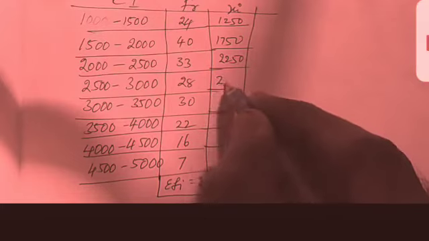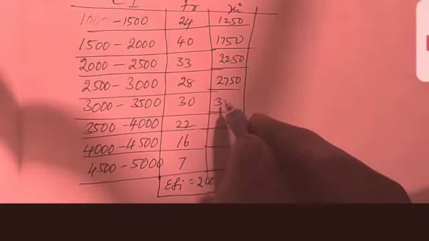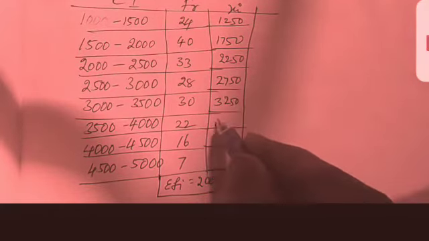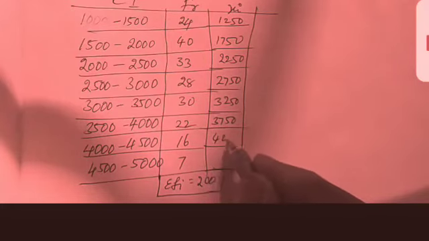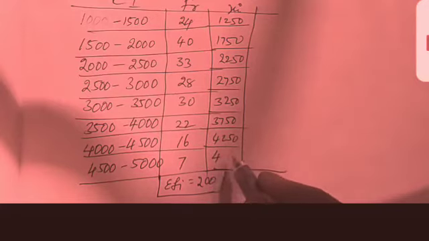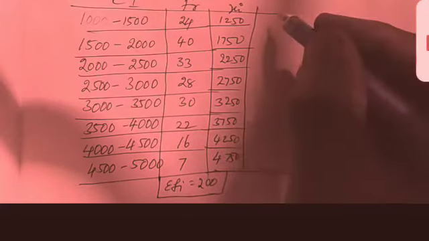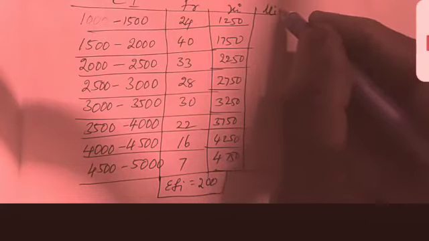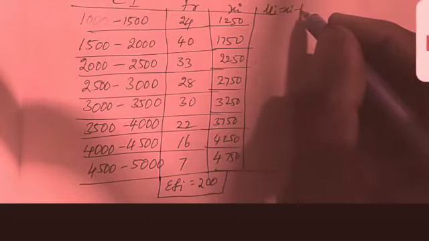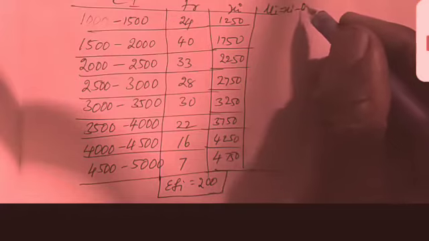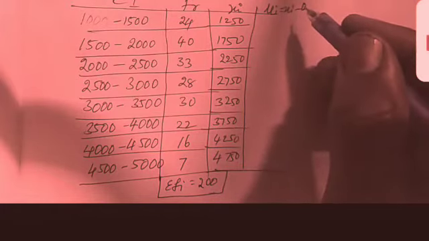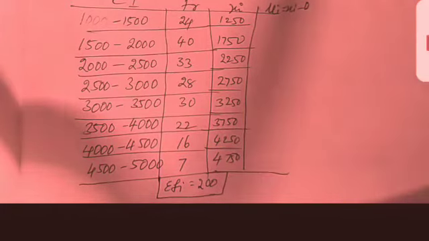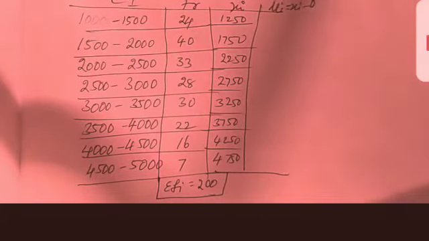The mid value of 1000 and 1500 is 1250. Like this, the second mid value is 1750, third 2250, fourth 2750, fifth 3250, next 3750, 4250, 4750.